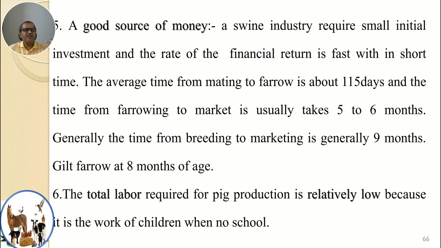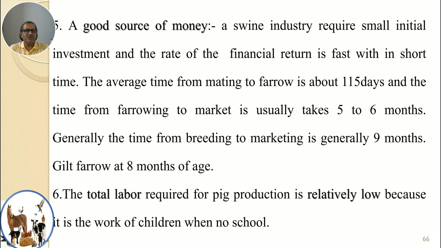Then another thing is, pigs are always a very good source of immediate money. A swine industry requires very small initial investment, and the rate of financial return is very fast within a very short time.